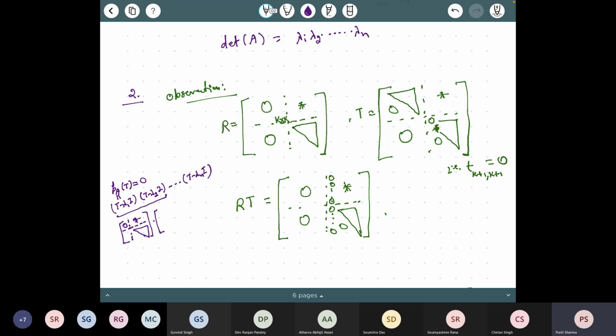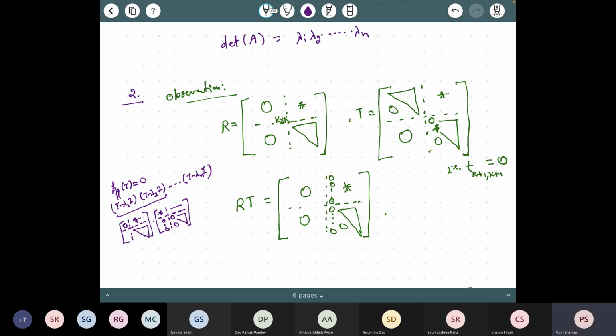It would have something here, then this would be the first row. This column would be 0 because T minus lambda 2I is also in upper triangular form. Then the second entry would be 0, and then this matrix would be in the upper triangular form.